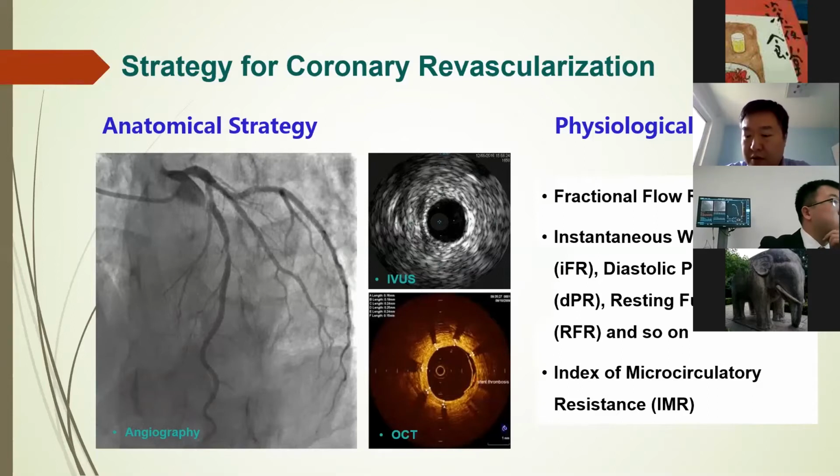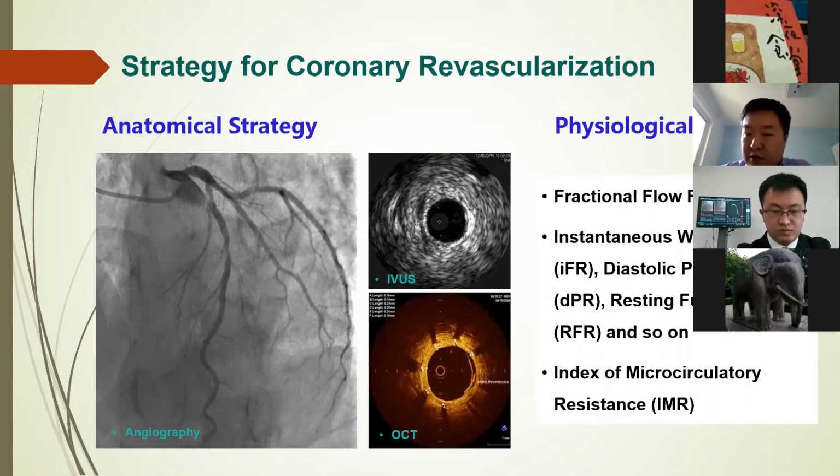Based on the stenosis, they will determine whether to put in a stent or not. In some very complex cases, they will use IVUS or OCT to determine the anatomical strategy. But in order to determine the myocardial ischemia, the best way is using the physiological strategy. Using the physiological strategy to determine the coronary revascularization is much better than the anatomical strategy.